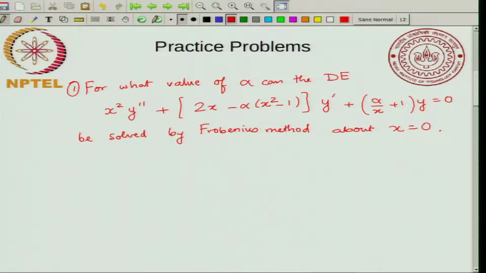Basically I am asking what should be the condition on alpha, so that you can use the Frobenius method to solve about x equal to 0.